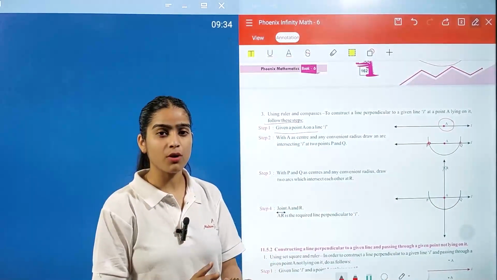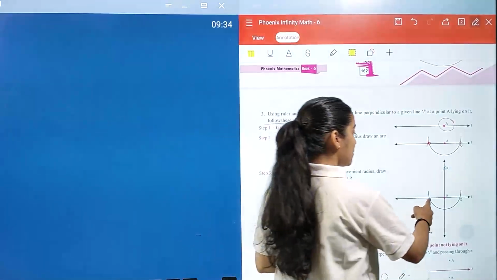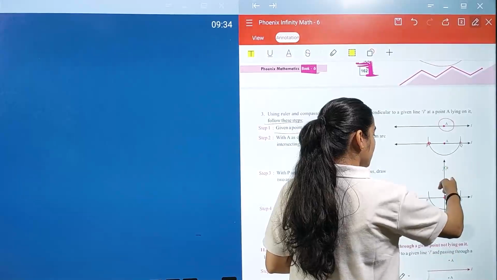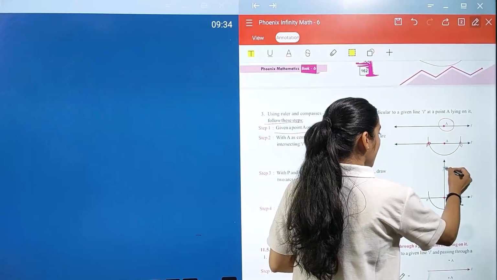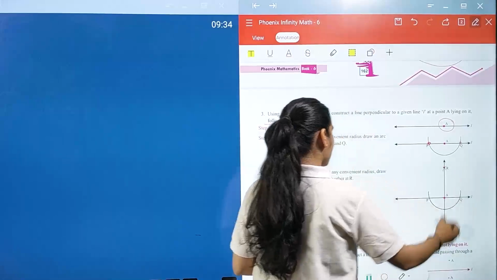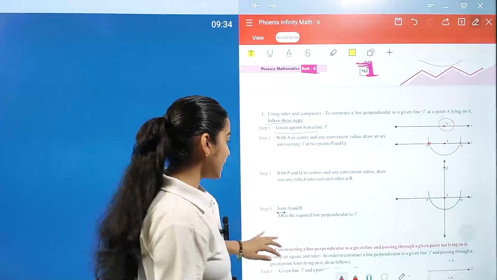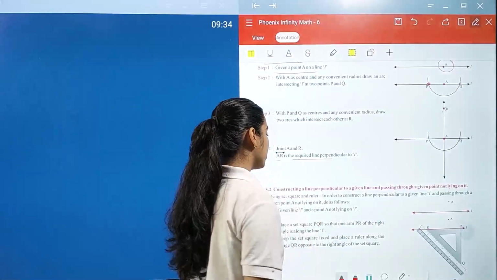First you have a chance to take any random measurement, and after that you have to take the same radius for Q. So at P you mark an arc, and at Q you mark an arc. After this, where these two arcs intersect each other, you draw a line extended, which intersects the line L further. So here AR is the required line perpendicular to L.